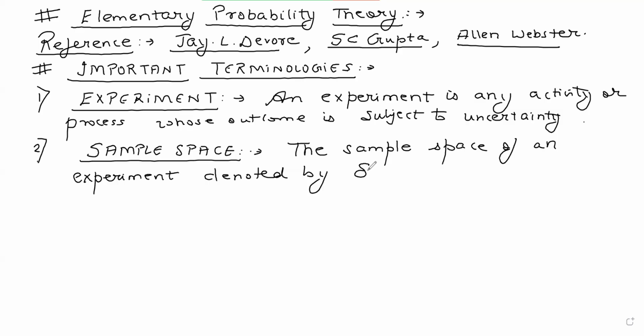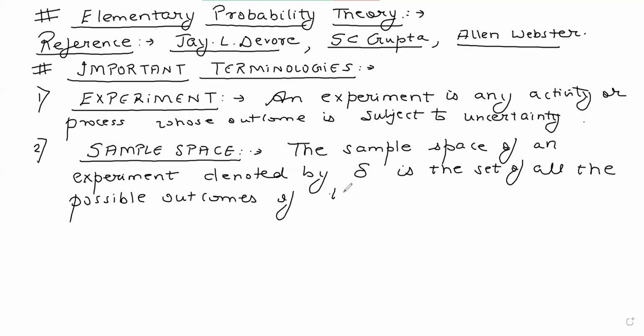If students are following a different book, the symbol might be different, but symbols don't matter. What matters is the concept. The sample space of an experiment denoted by delta is the set of all the possible outcomes of that experiment. So when you list all the possible outcomes of an experiment in a set, it's called a sample space.